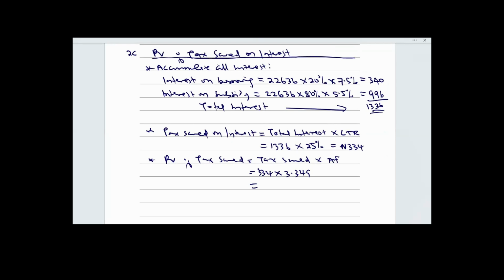What do we have here? 334 multiplied by 3.349 equals 1,119. That's the PV of tax saved on interest.